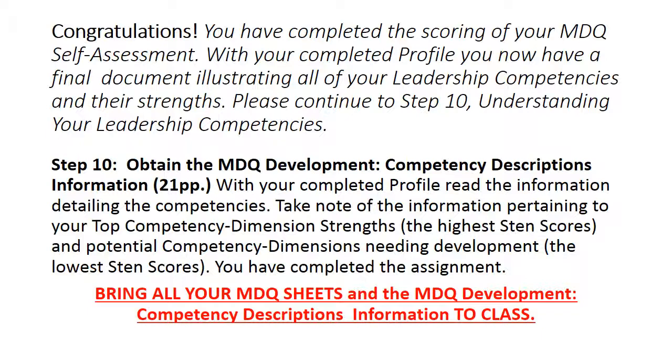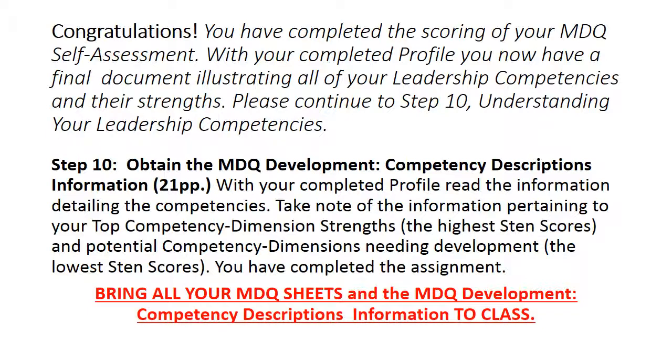Having just completed the last sheet, you have completed the scoring of your MDQ self-assessment. With your completed profile, you now have a final document illustrating all of your leadership competencies and their strengths. Please continue to step 10, which will now take you to understanding your leadership competencies.